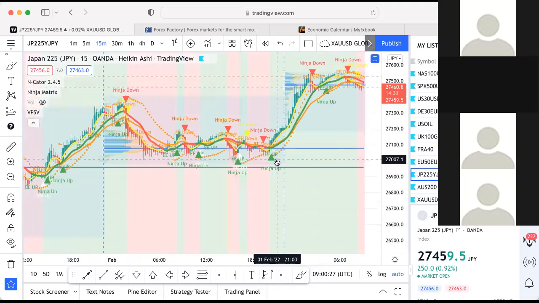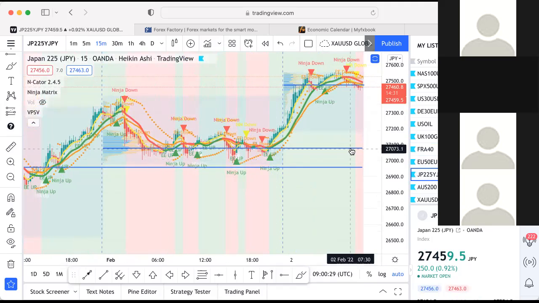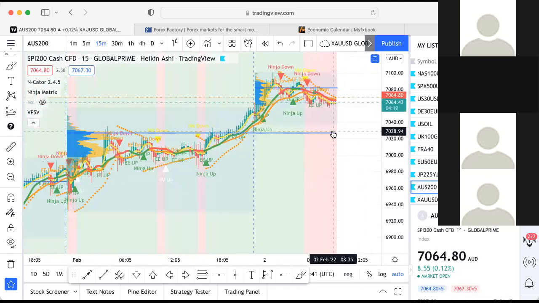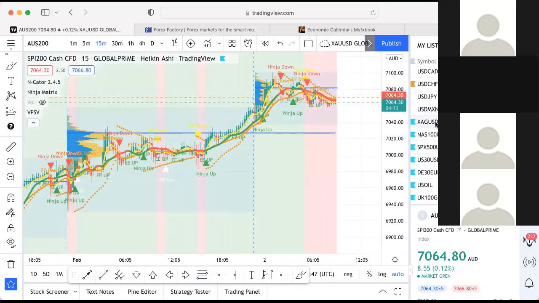We've got a big distance down to yesterday's point of control, but it's still in consolidation. But these are maybe worth watching and seeing what's going on. So I would say out of the 12, did we look at silver? No, we didn't look at silver.